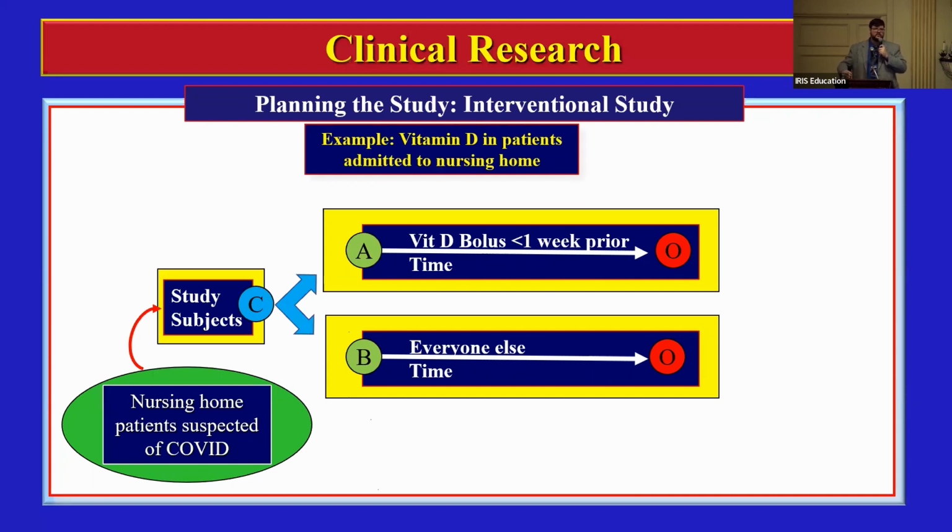Every other patient that had COVID symptoms would be in the control group. So this way they could test the effect of vitamin D to see whether or not it was an effective treatment. So this came out around the time where vitamin D was of big interest in COVID treatment at that time.